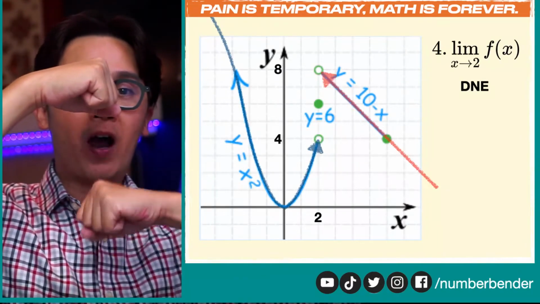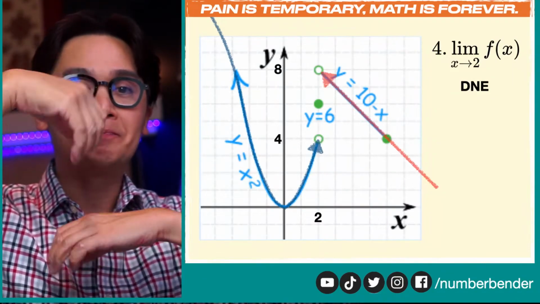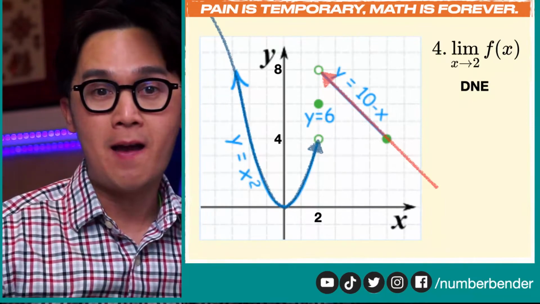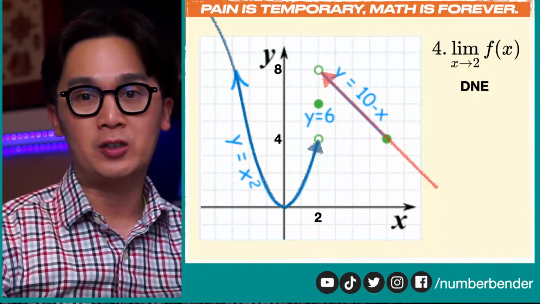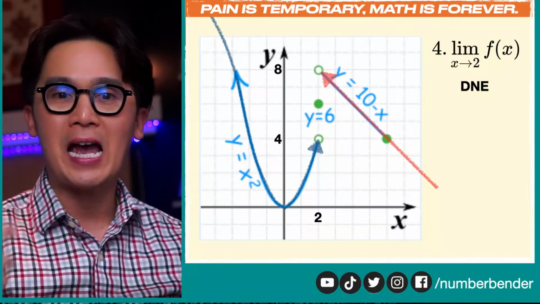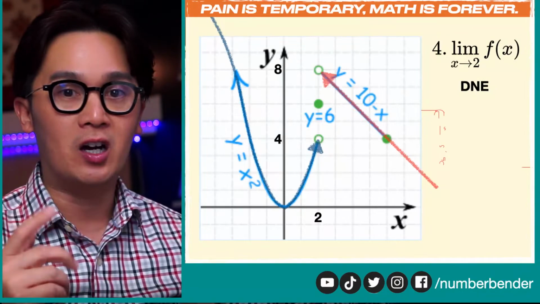One is at y equal to 4 and the other is at y equal to 6. And when that happens, our interpretation for that particular function will be that the limit as x approaches 2 does not exist. So this is how we use our visual to be able to understand the limit of a function.